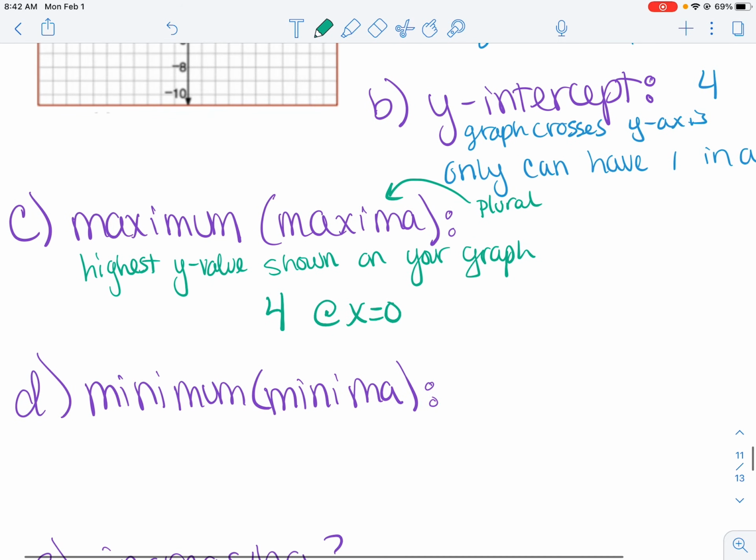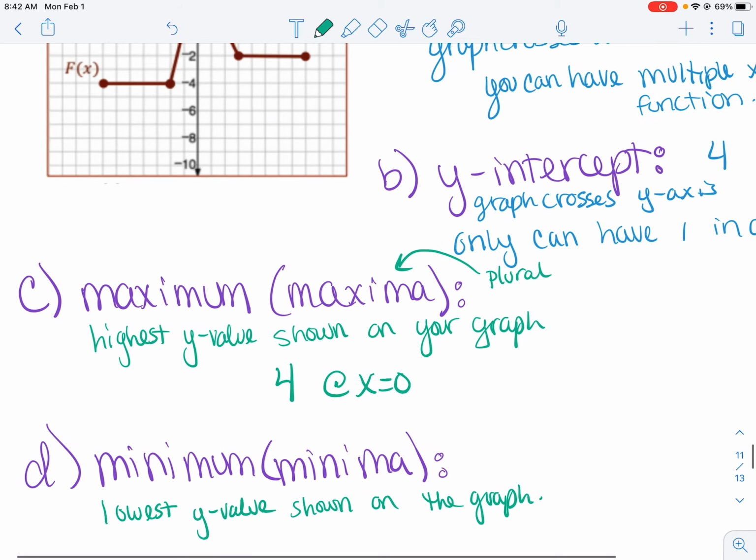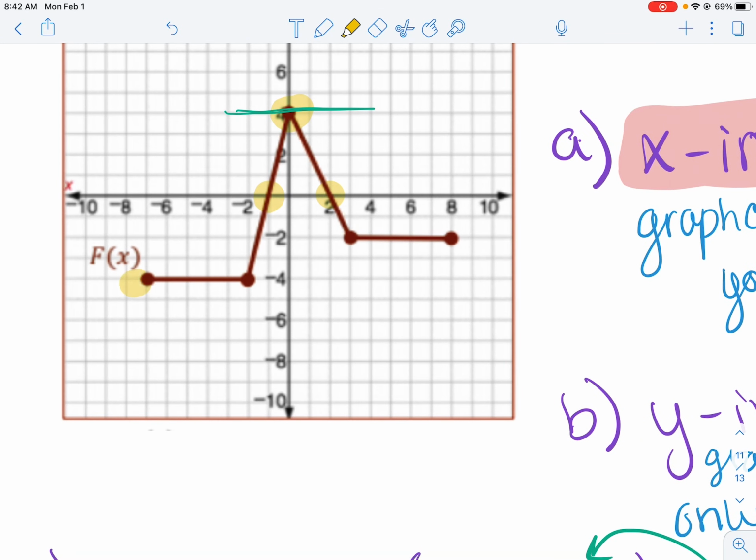The minimum value, however, is the lowest y value shown on the graph. So when I go and look at this graph, the lowest y value I see is down here at -4. And it's not just one point, right? It's here, here, here, here, here, here, and every single thing in between, all right?